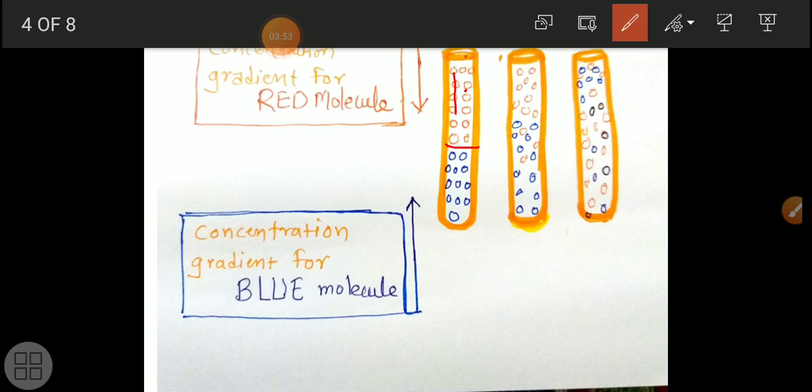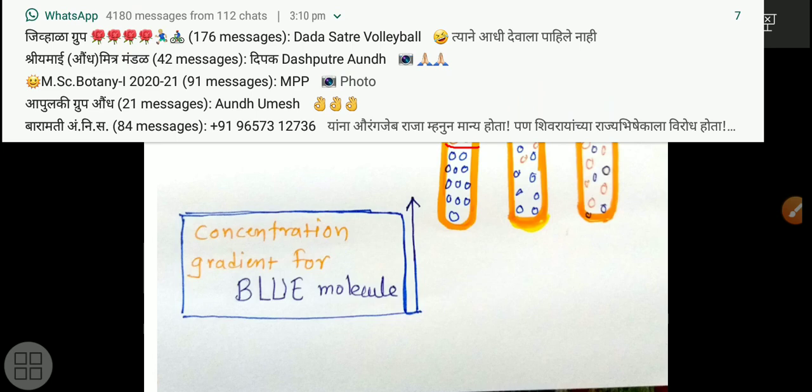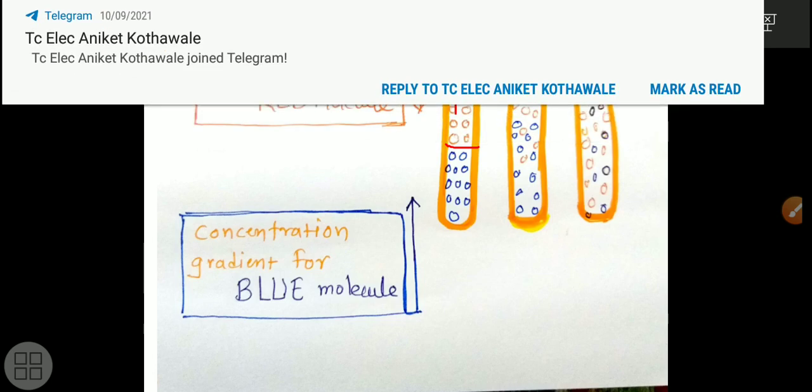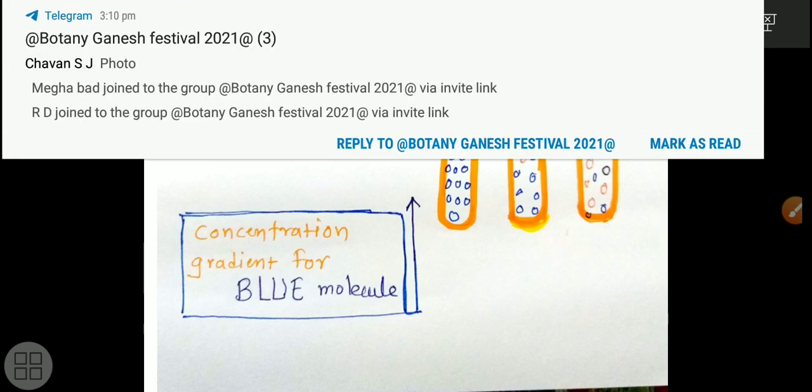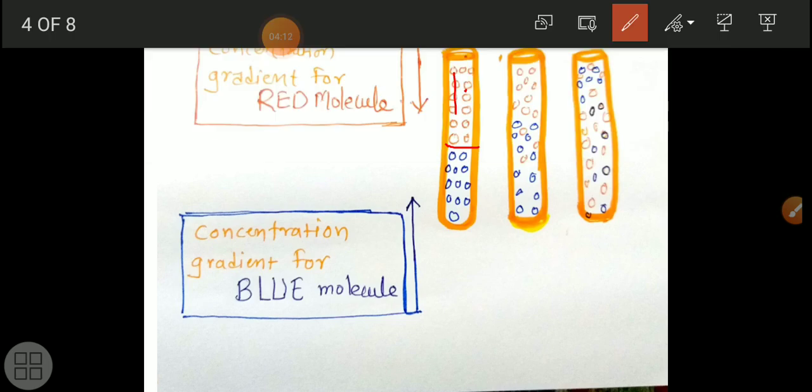Then slowly these two colored substances get mixed with each other, so equal distribution throughout the test tube takes place. That type of process is known as diffusion.